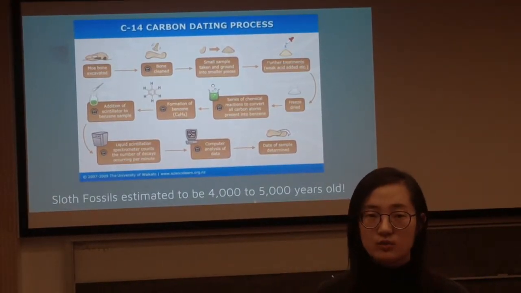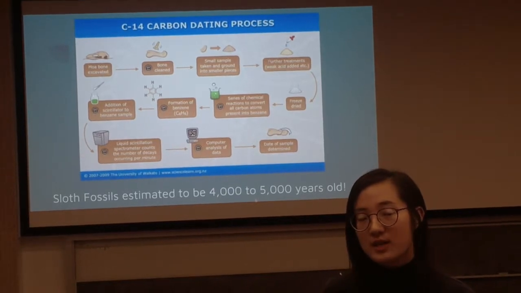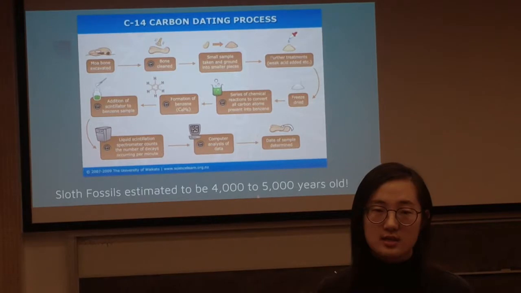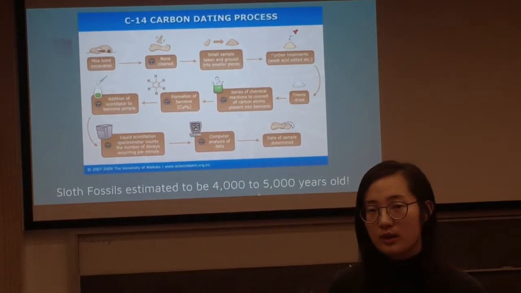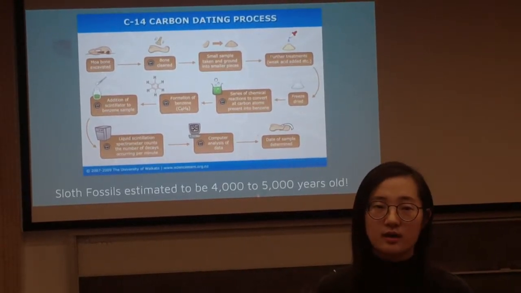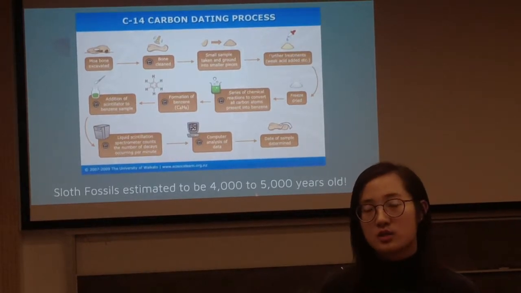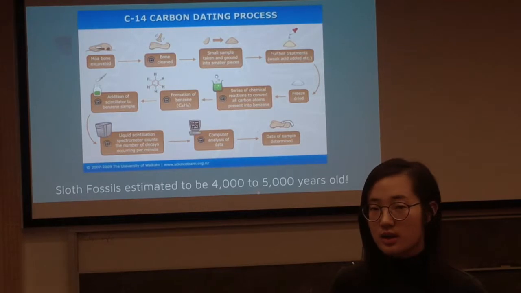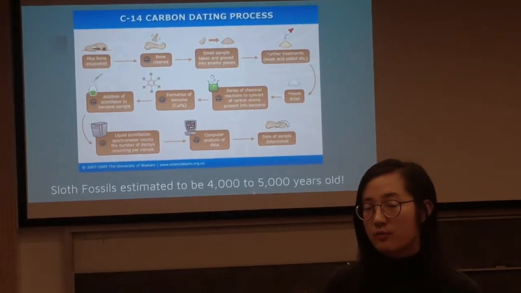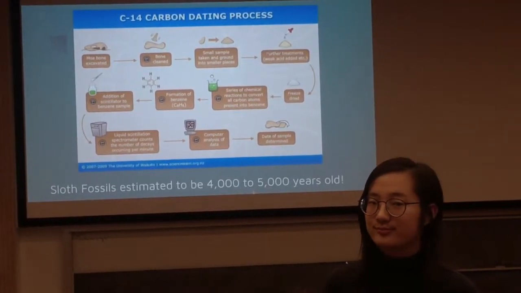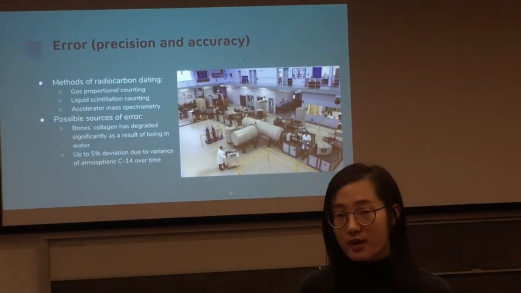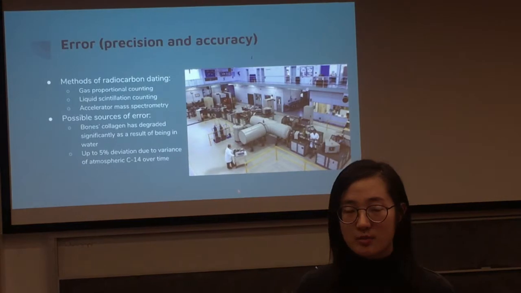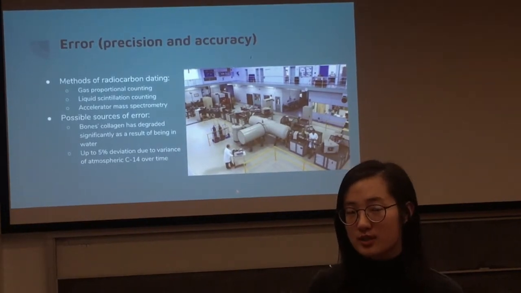From there, it is transformed through a series of chemical reactions into benzene, and the number of beta emission decays is measured per minute through a liquid scintillation machine, and calculations are then made from there to determine the approximate age of the organism. And so the sloth fossils were determined to be around 4,000 to 5,000 years old. Other methods of radiocarbon dating are accelerator mass spectrometry and gas proportional counting.